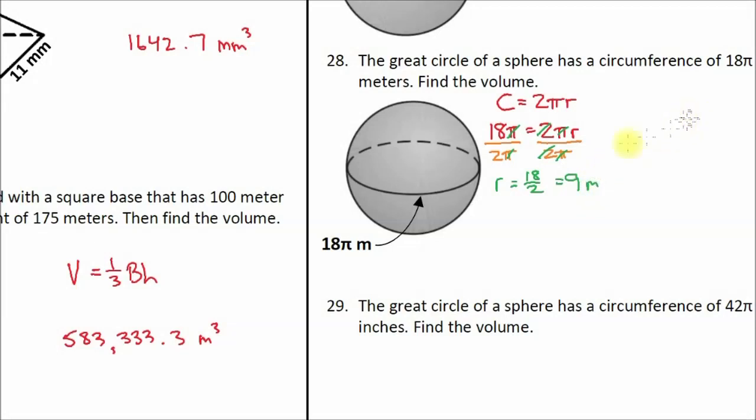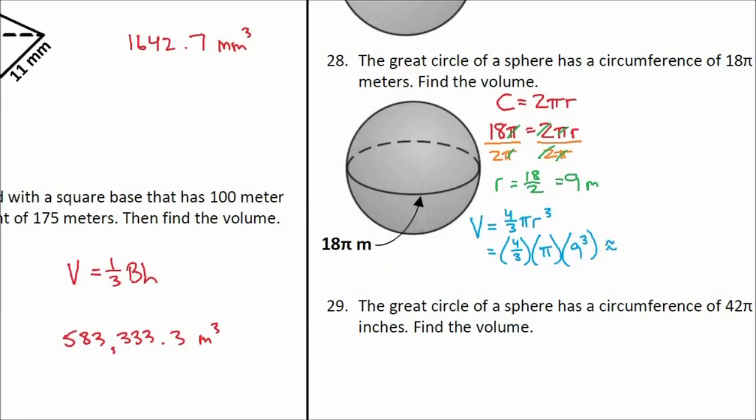All we have to do now is find the volume. So the volume of a sphere again is 4/3 pi r cubed. And so let's plug this in for our calculator. 4 divided by 3 times pi times 9 cubed, and we'll put that in our calculator.